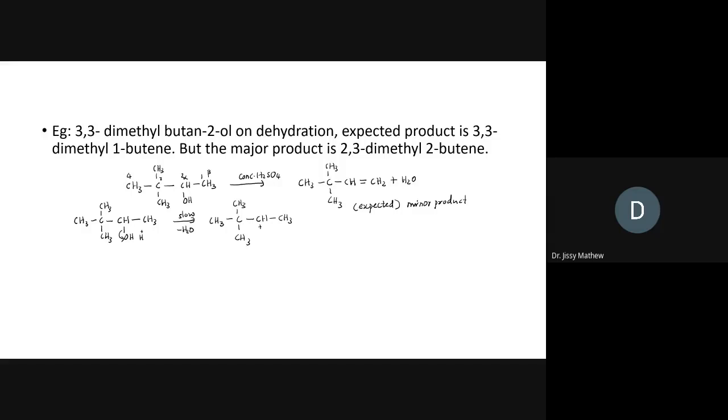So this is the intermediate carbocation. And this is a secondary carbocation.